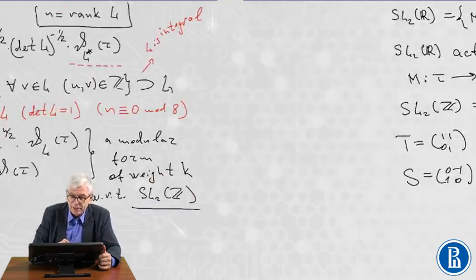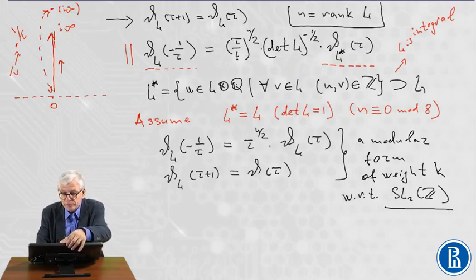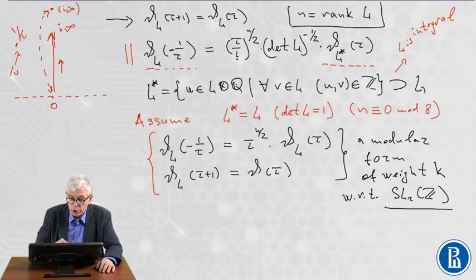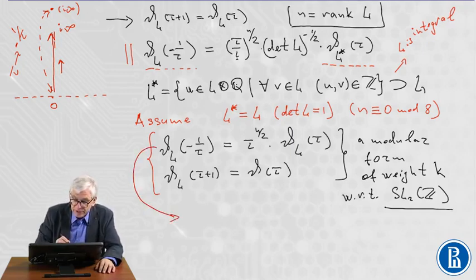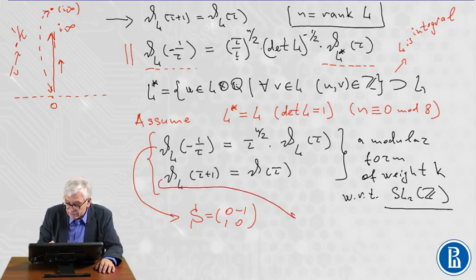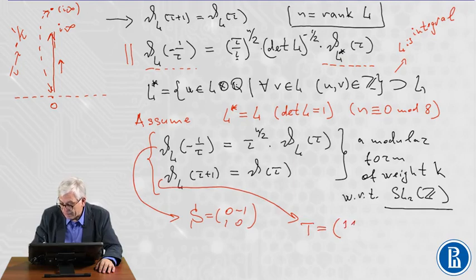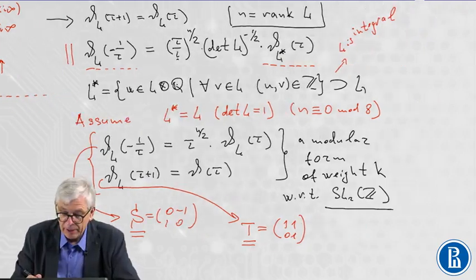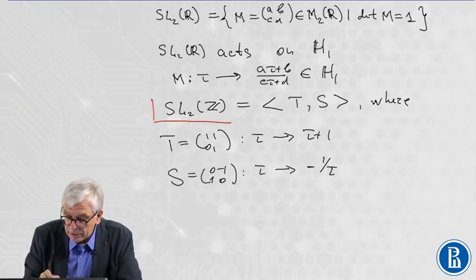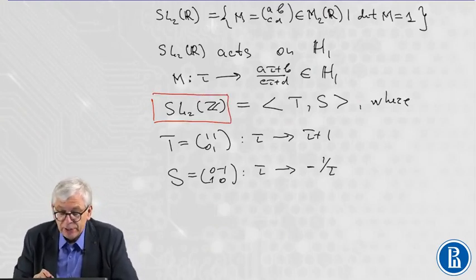So now if we analyze more carefully the functional equations of the theta function, we see that the first equation is related to the matrix S, and the second to the matrix T. If we combine these two equations with respect to S and with respect to T, we can get all transformations with respect to the group SL2Z. So SL2Z, this is very important for our consideration, is a discrete group acting on the upper half plane.